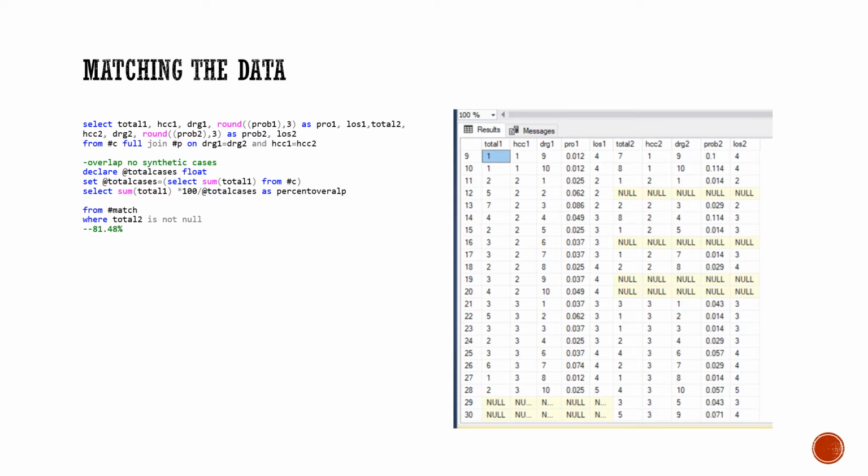So the next step would be to match our peer data to the clinician's data and look at what's missing and what matched. So what I'd like to do first is just do a regular full join and see what's going on.